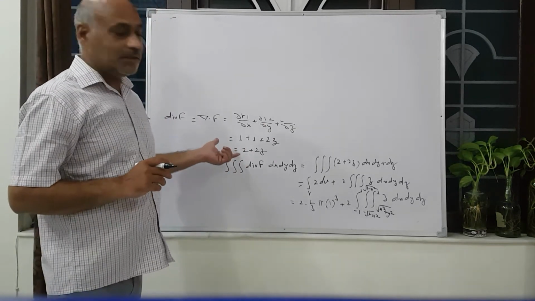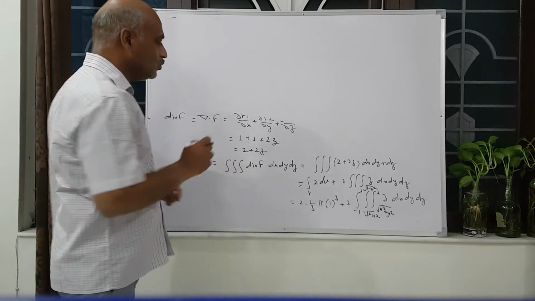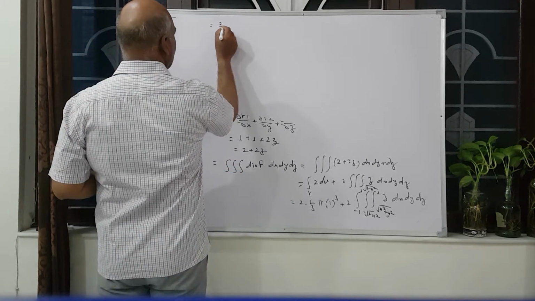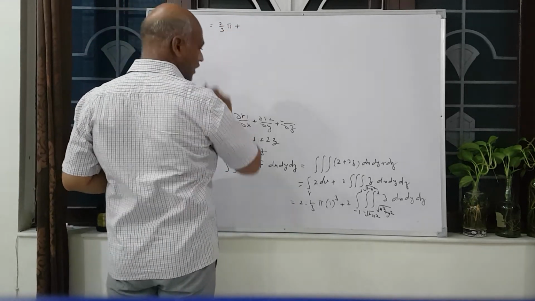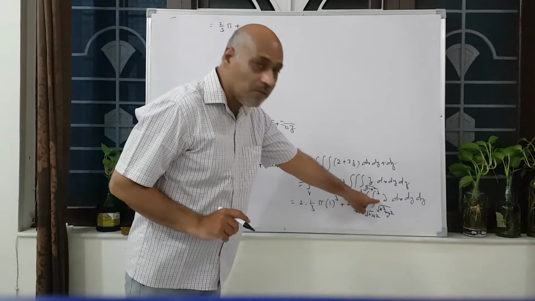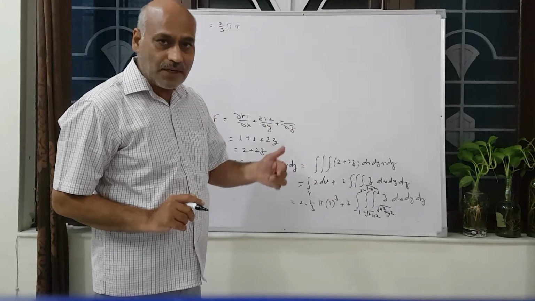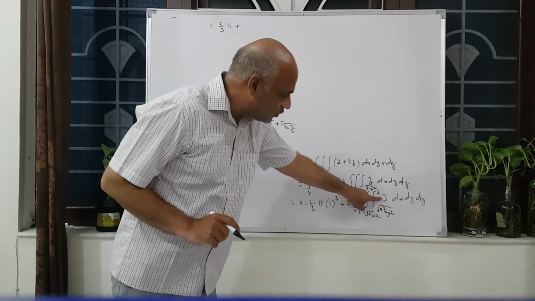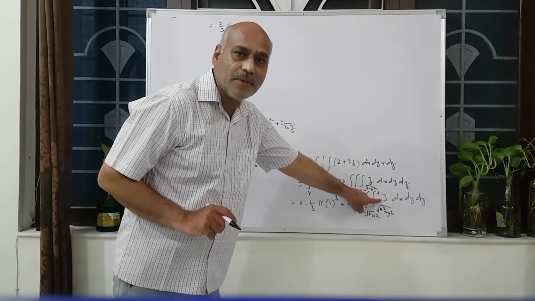So now we calculate this one. 2 upon 3 pi plus the integral from minus 1 to 1. So first with respect to z, then y, then x. With respect to z, the integral of z is z square by 2.